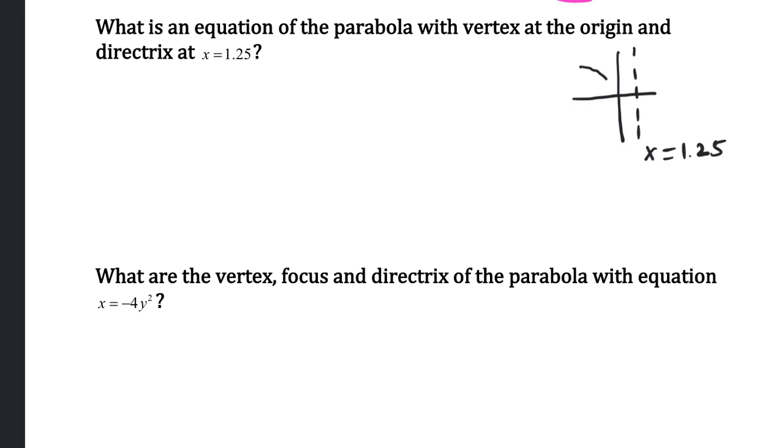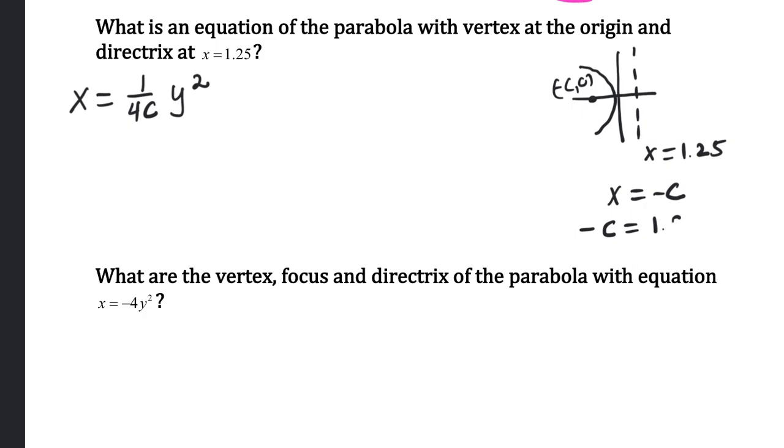My parabola is at the origin, so my c has to be negative because it's on the negative side. I know my directrix is x equals -c. So -c equals 1.25, so c is equal to -1.25.